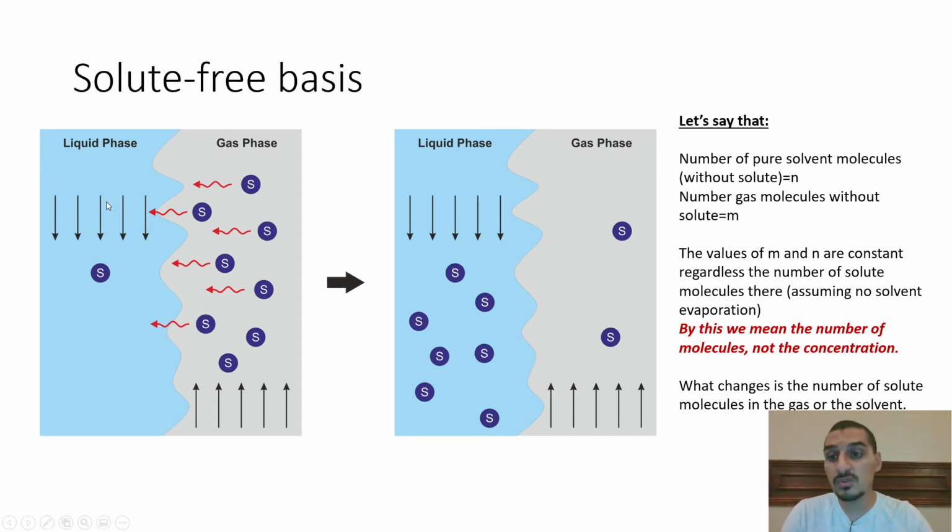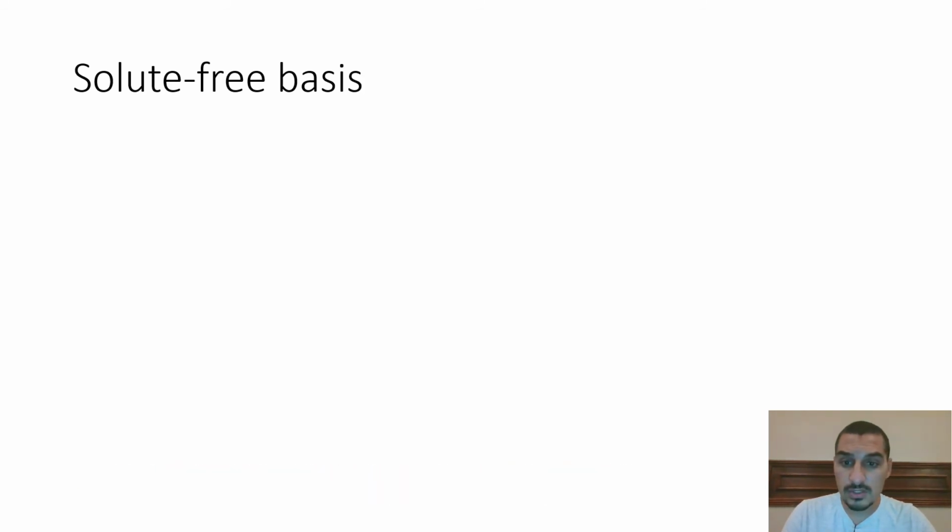So if we can use the solute-free basis for the liquid phase and the gas phase, the L over V now is going to be a straight line. So this is the idea. So we need to look at it from a mathematical point of view so that we can see how we can tweak the equations so that they fit with what we just mentioned.